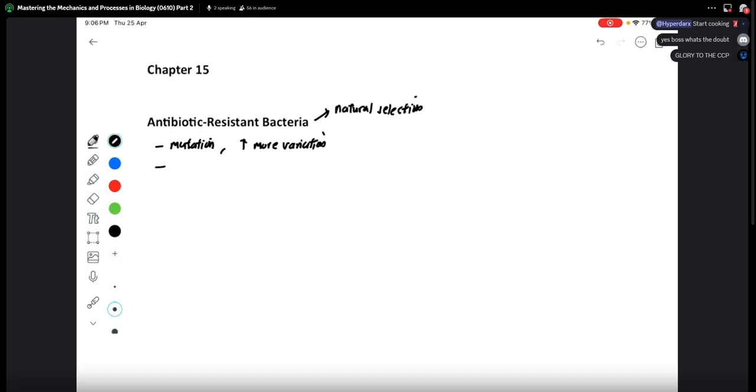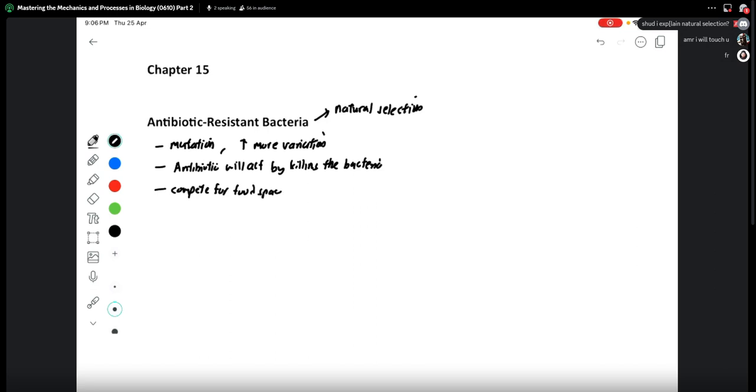So the antibiotic that acts on it, right? The antibiotic will act by killing the bacteria. That is its main role, correct? Okay, and then what happens is that they will compete. They will compete for food and space with the mutated ones, because the one that survives the best will reproduce.